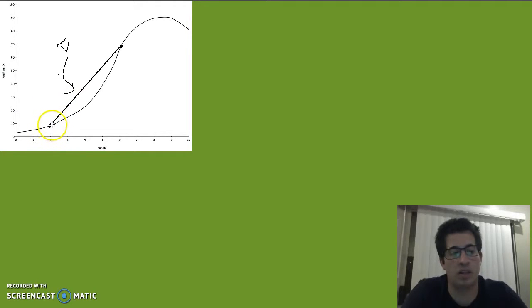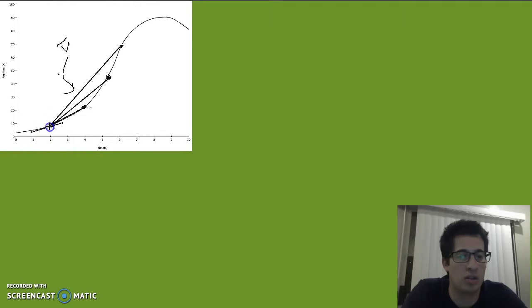The way we could find the instantaneous velocity at 2 seconds is to take this approach with average velocity and continue to decrease the separation of these time values until we get very, very close, so that the slope of the line is actually tangent to the curve.